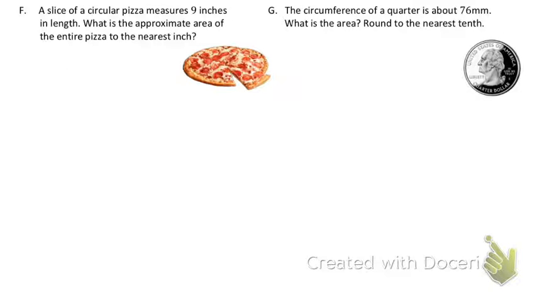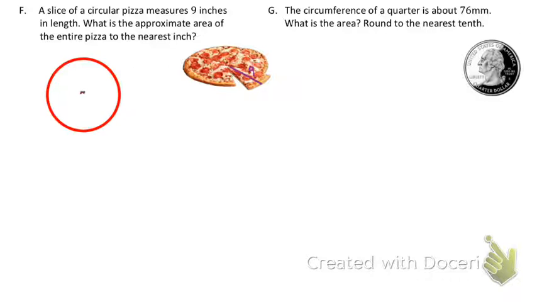All right, let's do example F. A slice of circular pizza measures 9 inches in length. What is the approximate area of the entire pizza to the nearest tenth? All right, so what we have here is this. The length of my slice is 9 inches, okay? So if you think of this in terms of pizza, so here's my pizza.